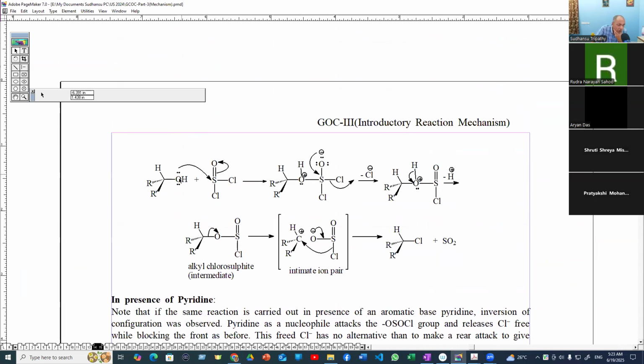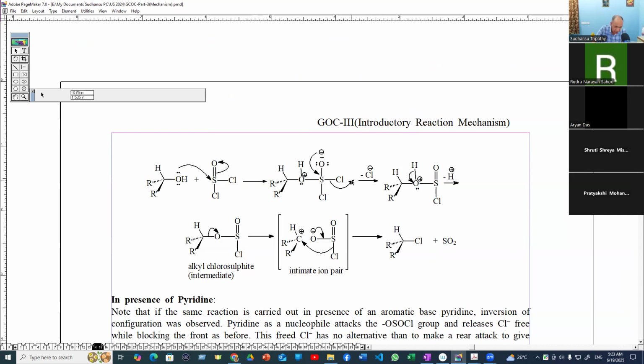The O lone pair goes for a nucleophilic attack on thionyl chloride, expelling chloride ion in two steps. This is nucleophilic acyl substitution, which is different from SN, but nucleophilic. We will talk about the details of acyl substitution in our carboxylic acid program.